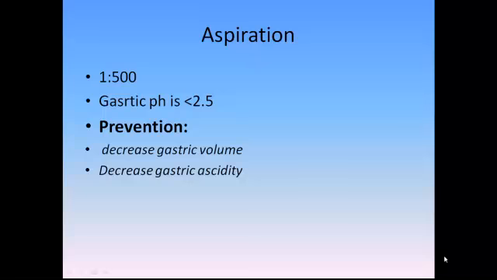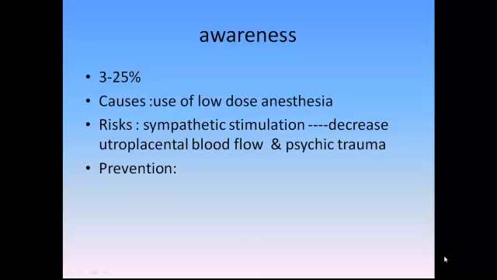What about aspiration? Aspiration is a risk in pregnant patients because the gastric pH is less than 2.5, and it could be prevented by decreasing gastric volume and gastric acidity with antacids or H blockers. Awareness.